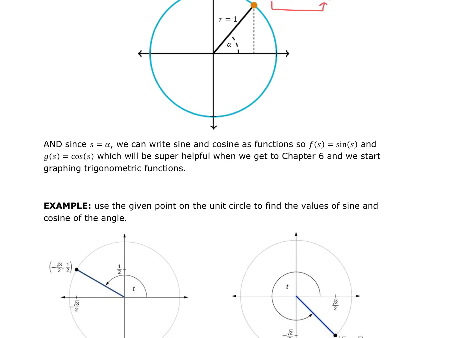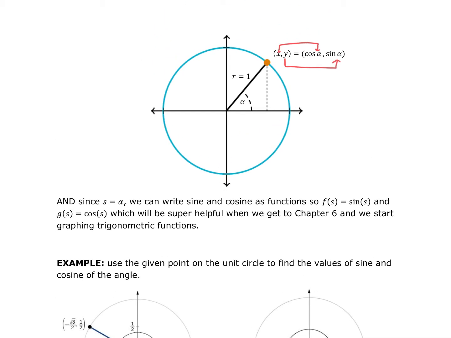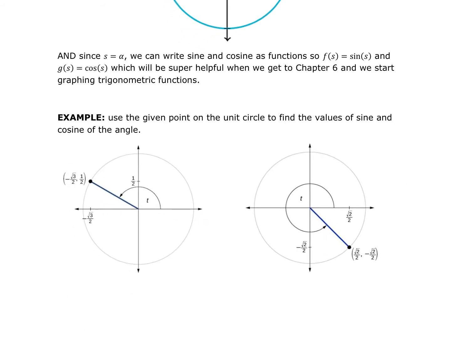We're going to really pay attention to this in Chapter 6 when we start drawing the sine and cosine waves as functions, as well as all the rest of the trig functions. But right now, we're going to use the fact that x is the cosine value on the unit circle and y is the sine value of that angle on the unit circle.